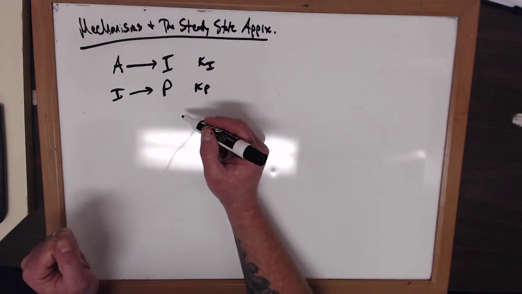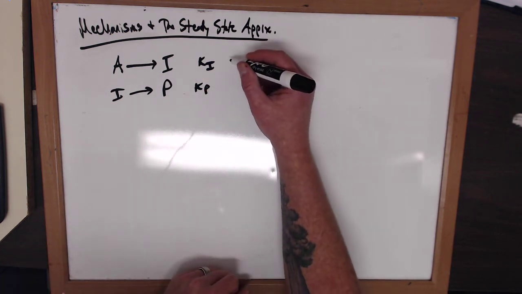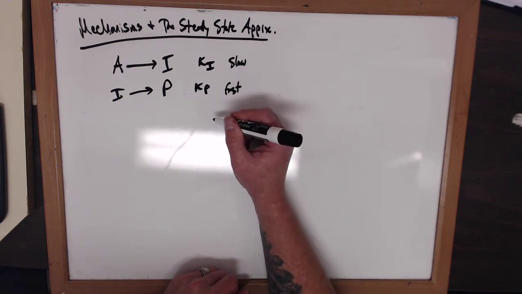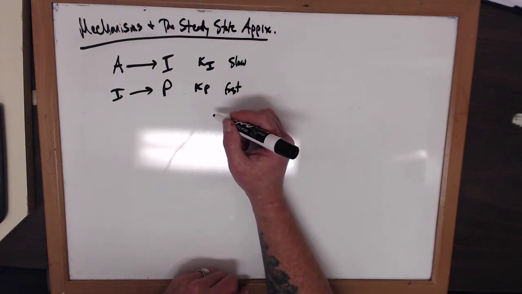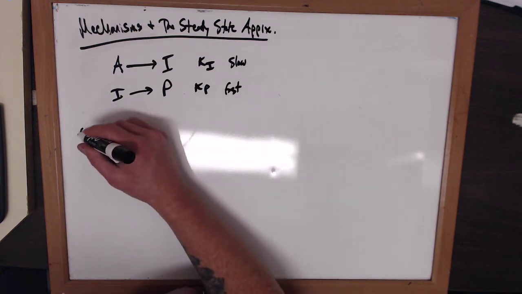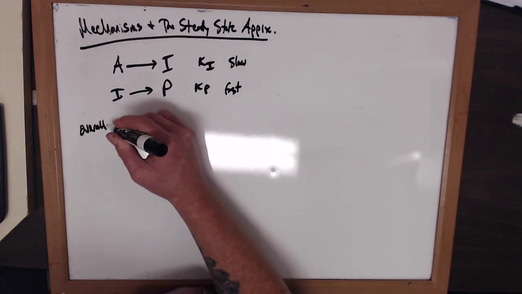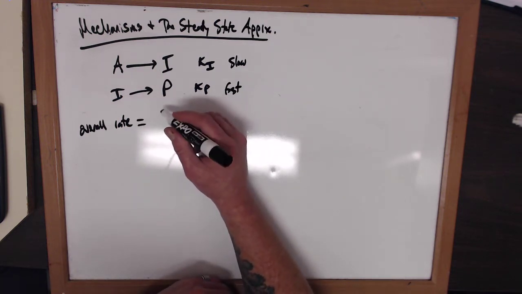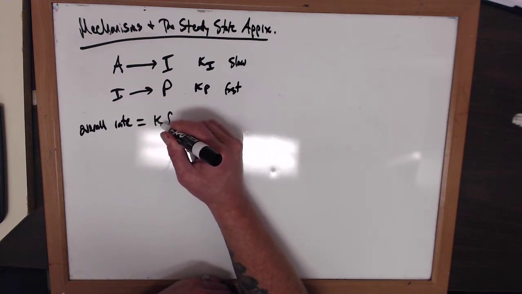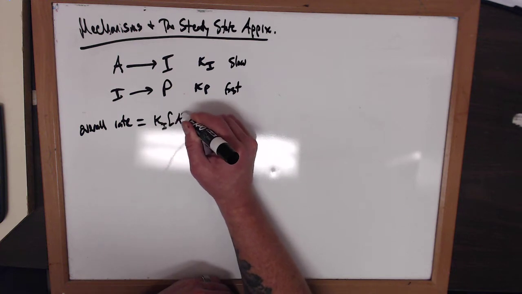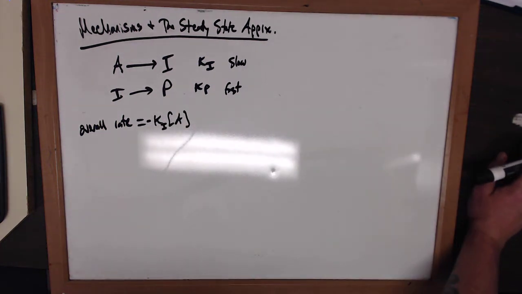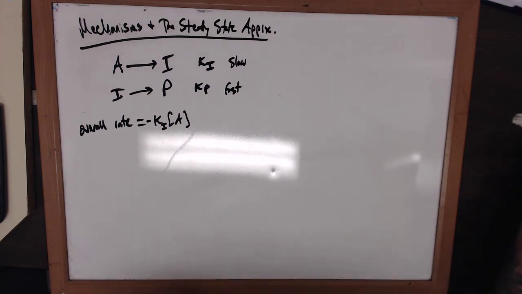And if we impose, of course, that this is the slow step and this is the fast step, then we would recognize that our observed overall reaction rate would be Ki times A, and of course that would be negative as viewed for A.